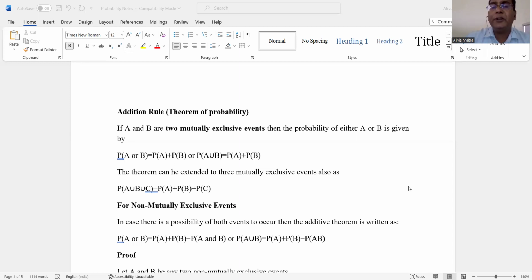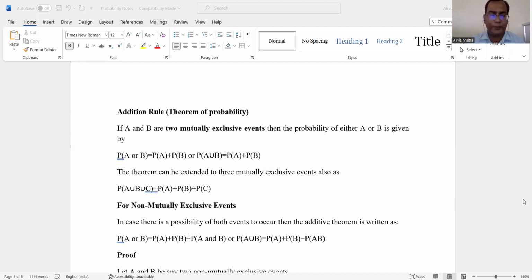So P(A union B) shows the probability of event A or event B or both events A and B, and that is given by P(A) plus P(B) minus P(A intersection B).